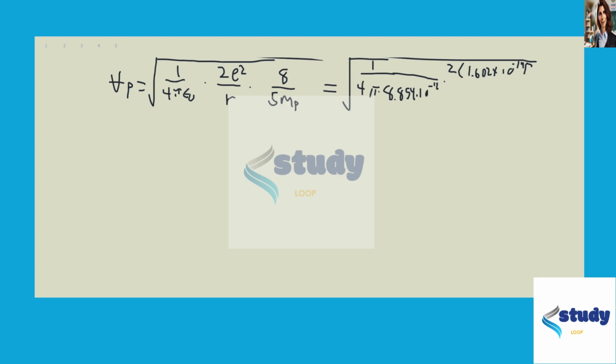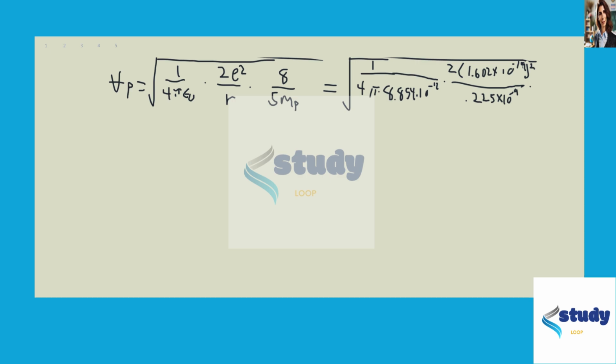Wow, that didn't come out very well. This was supposed to be squared, minus 19 parentheses squared, divided by r in SI units is 0.225 times 10 to the minus 9.